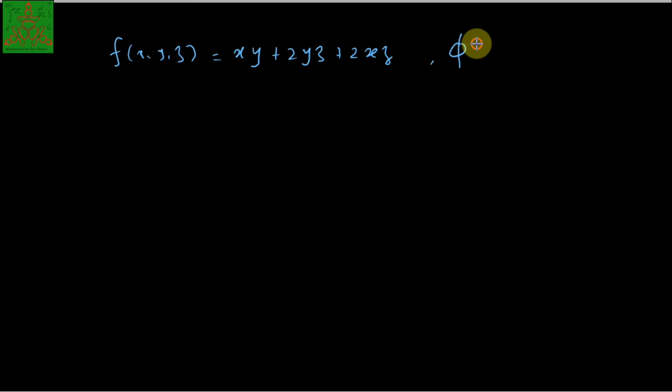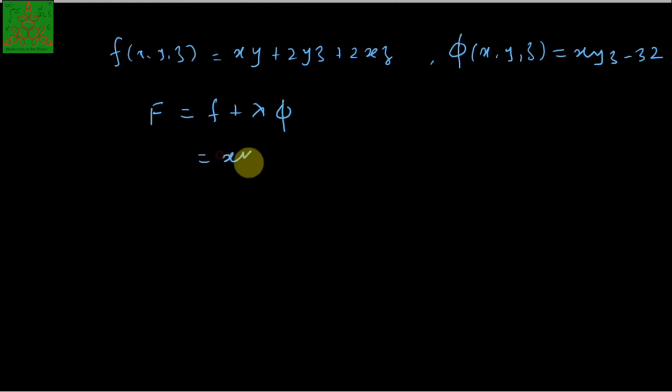So here your function f of x, y, z is xy plus 2yz plus 2xz, and phi of x, y, z, given by the volume being 32, is xyz minus 32. So I am writing F equal to xy plus 2yz plus 2xz plus lambda times xyz minus 32.